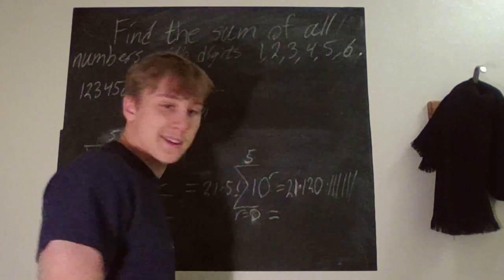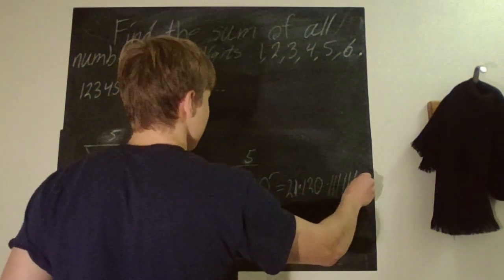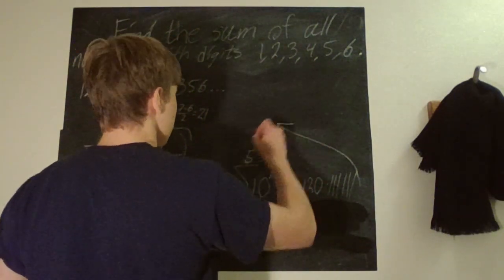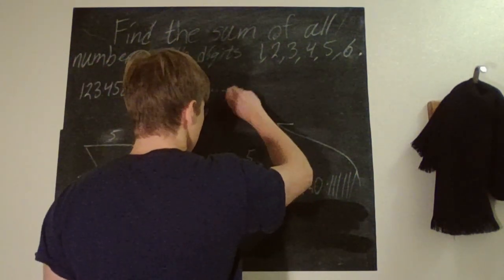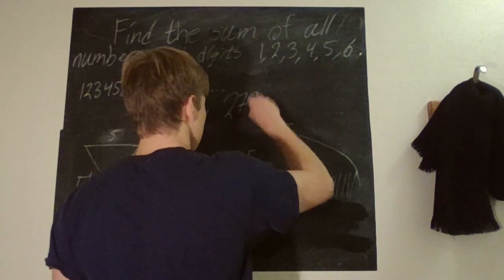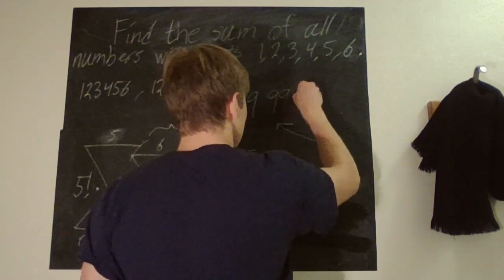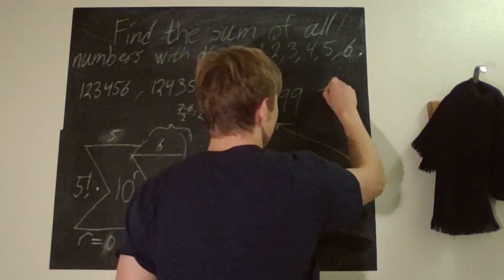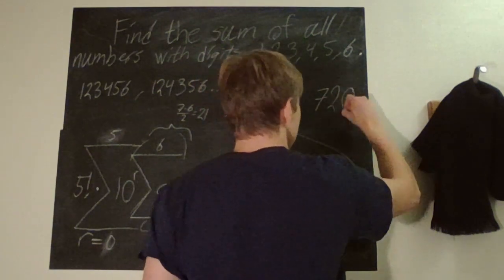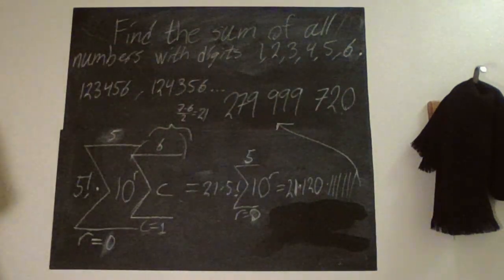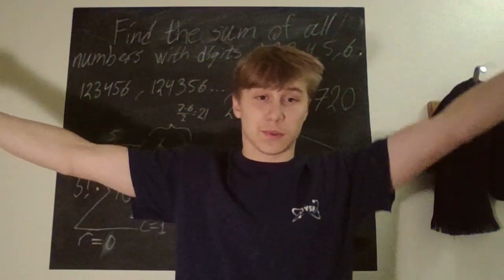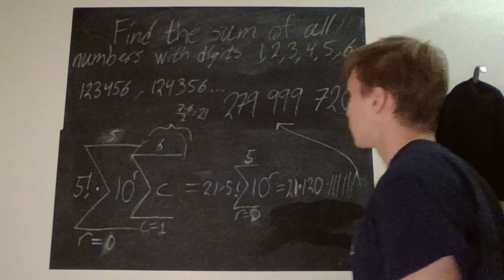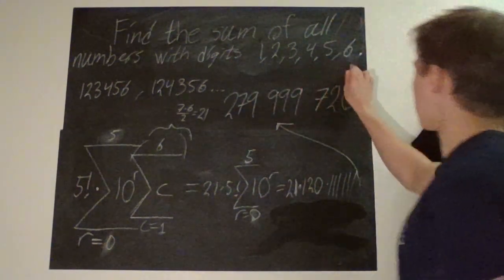So wait, I'm back. And now this thing appears to be, according to my calculator, 279,999,720. And that is the sum of all possible integers using the numbers 1, 2, 3, 4, 5, and 6.